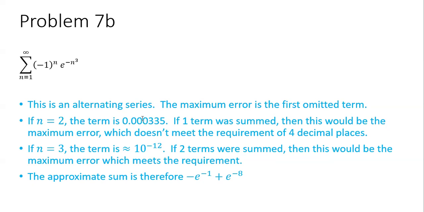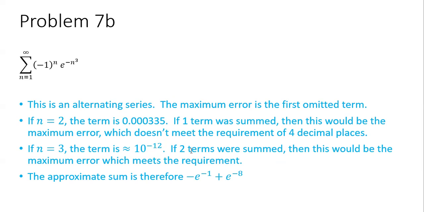But not 4. Now if we sum up one more term, the first term and the second term, that means the maximum error is the third term. So if n equals 3, the term is e to the -3 cubed, so e to the -27 power. If you put it in the calculator, it's about 10 to the -12. Very small.